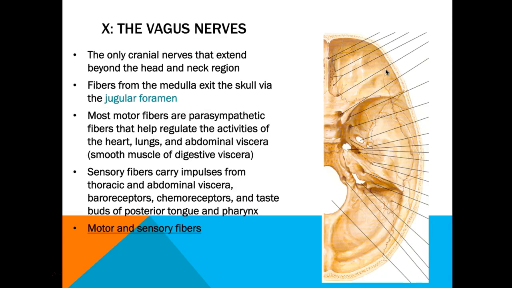Next we have cranial nerve number 10, which is your vagus nerve. This is going to be the only cranial nerve that extends beyond the head and the neck region. It is our longest cranial nerve that we have. So fibers will exit through the medulla and head toward the jugular foramen of the skull to exit here.